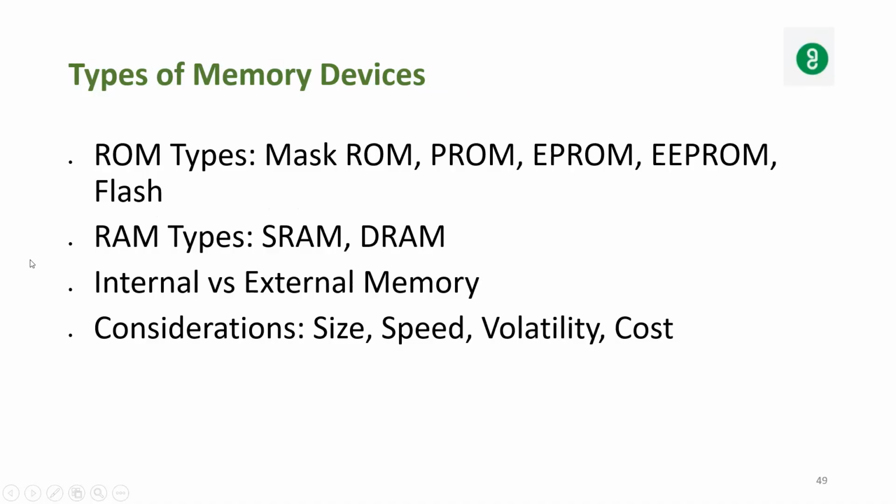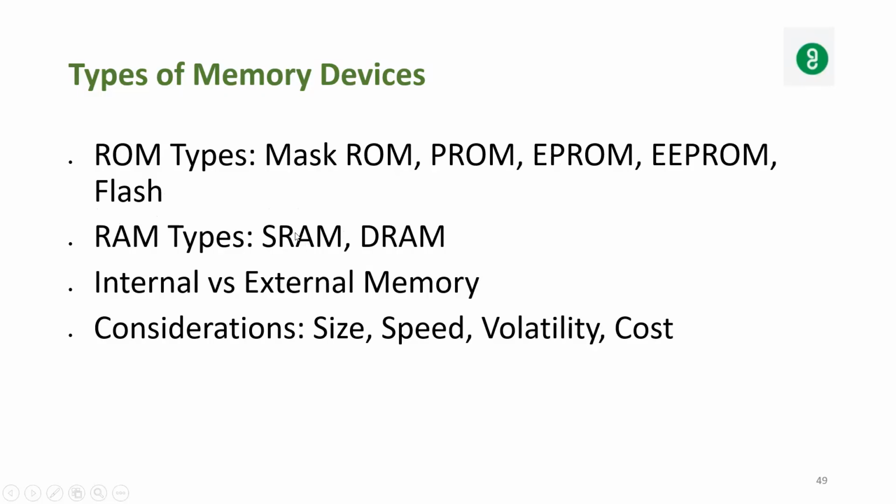Types of memory devices. If it is read-only memory, there are different types: maskable read-only memory, programmable read-only memory, electrically programmable read-only memory, electrically erasable programmable read-only memory, and flash. These are the types of ROM. In the case of RAM, it is static RAM or dynamic RAM.